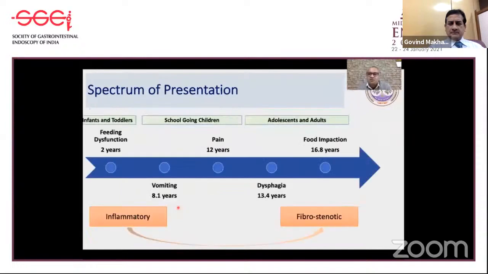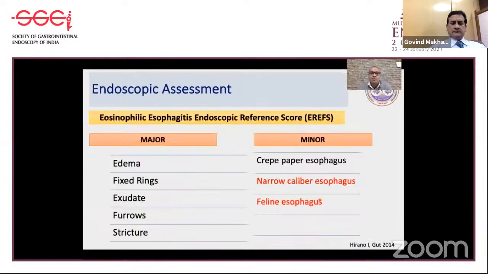Now, the spectrum of clinical presentation varies with age. For infants and toddlers, it is usually feeding dysfunction. For school-going children, it is vomiting and abdominal pain, and in adolescents and adults, it is dysphagia and food impaction. This indicates how the spectrum of the disease shifts from inflammatory to fibrostenotic with time.